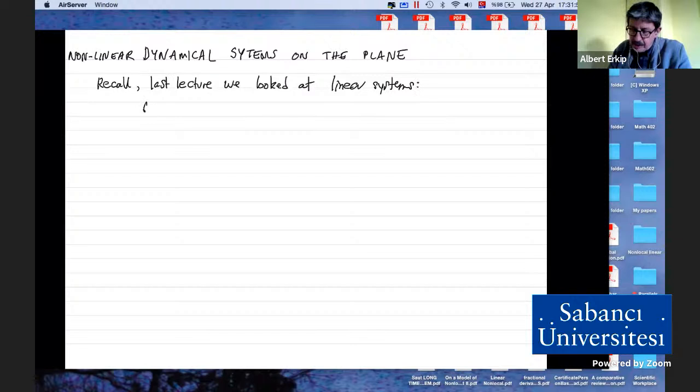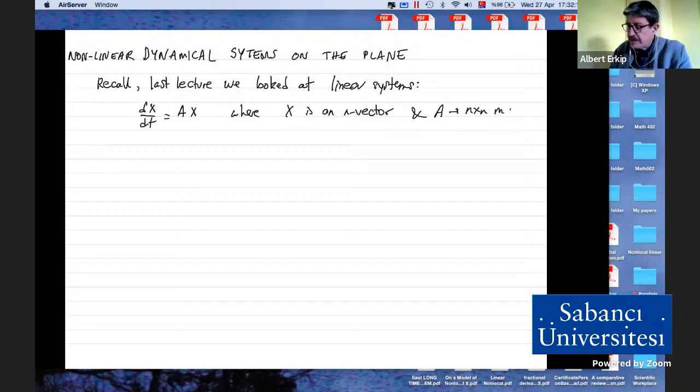And linear systems were of the form dx/dt equals A times x, where x is an n-vector and A is an n cross n matrix. In particular, this is an n cross n system. It's linear because the right-hand side is linear.